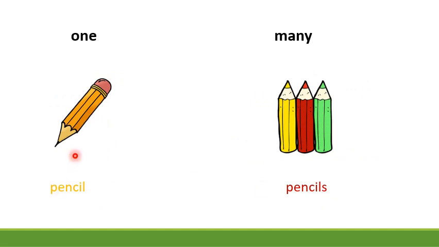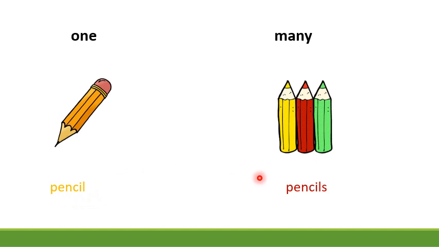What are you seeing in this picture? Yes, correct. It's a pencil, which you write with. Here is only one pencil, and on the right hand side there are more than one. So, how will you read it?